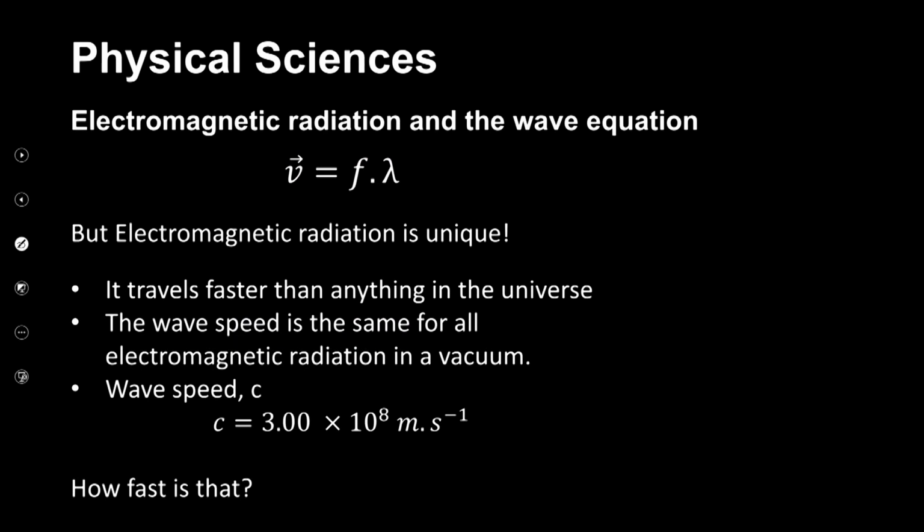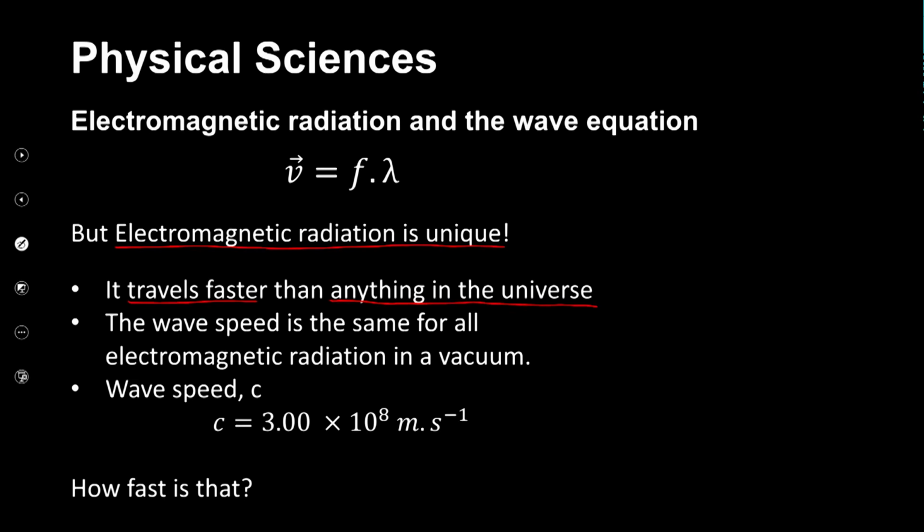As I said, electromagnetic radiation is quite unique in terms of waves. In fact, it travels faster than anything else in the entire universe. In fact, we are pretty sure that the speed that electromagnetic radiation travels at is as fast as anything can go.